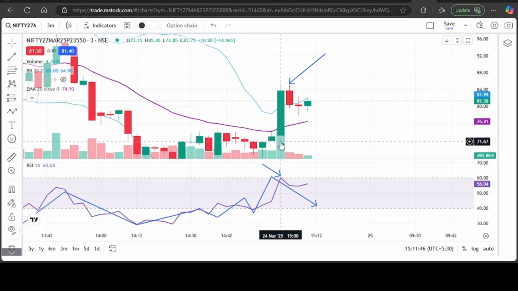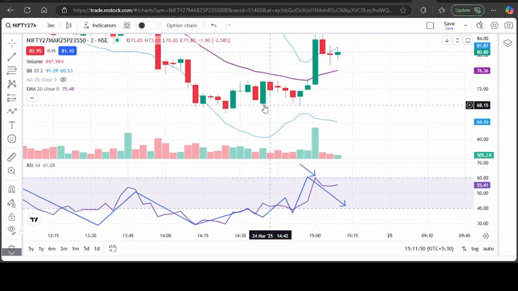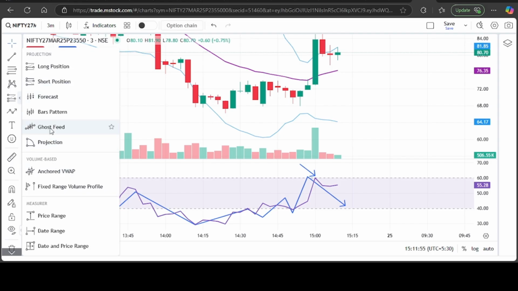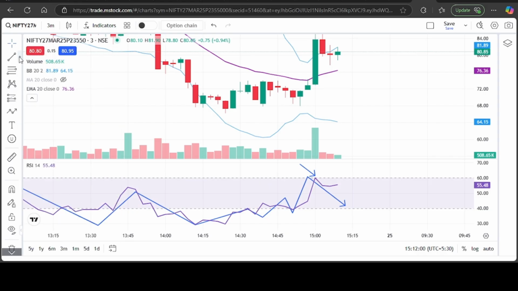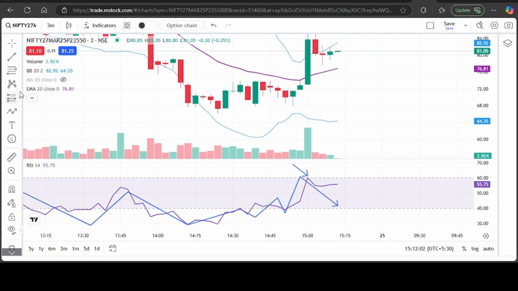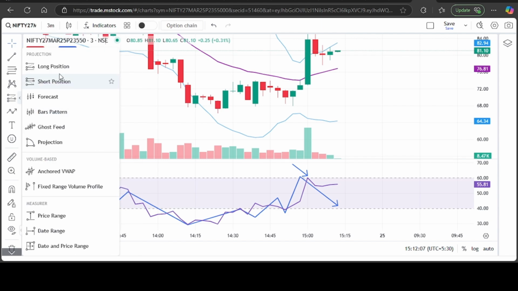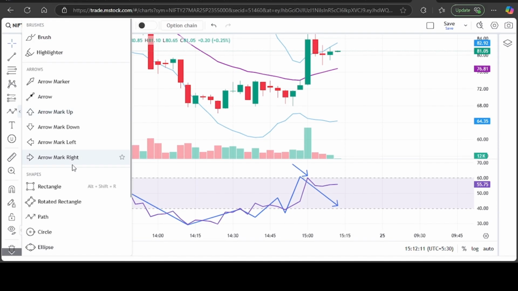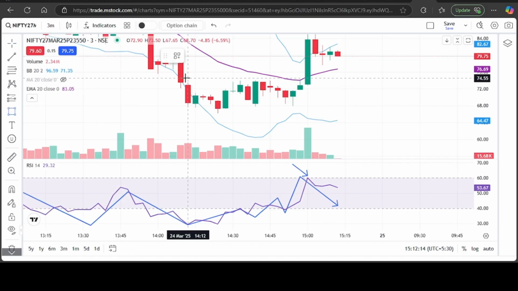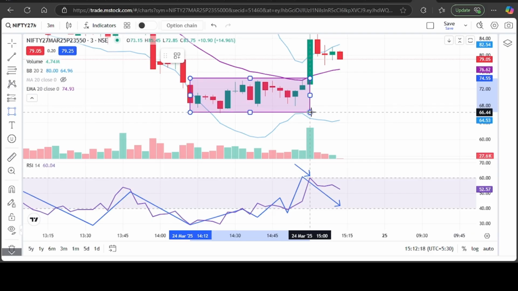Let's say I can go up to 72. Yeah, this was a bit sideways. Maybe here. Come on, where are you? Rectangle, perfect. Here the market went sideways, right?